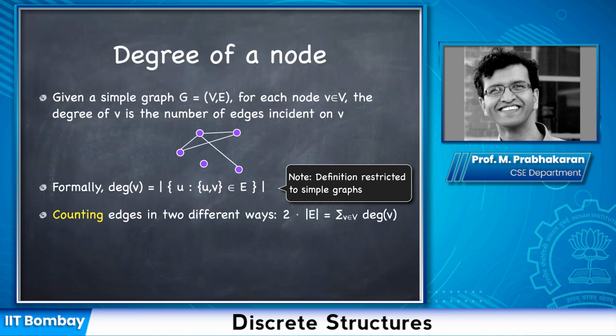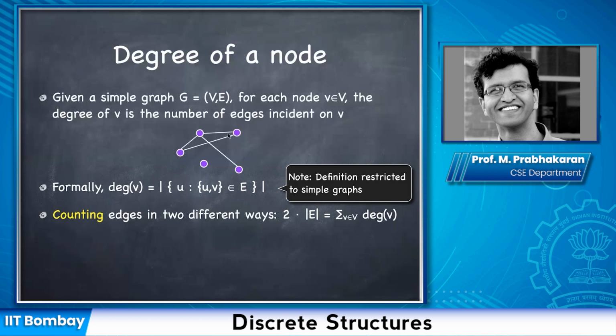And here's a simple, nice property that you would often find useful: if I took the degree of every vertex and summed it all together, so the summation of degree of v over all v in the vertex set, the number you will get is exactly 2 times the size of the edge set, so 2 times the number of edges. And why is that?